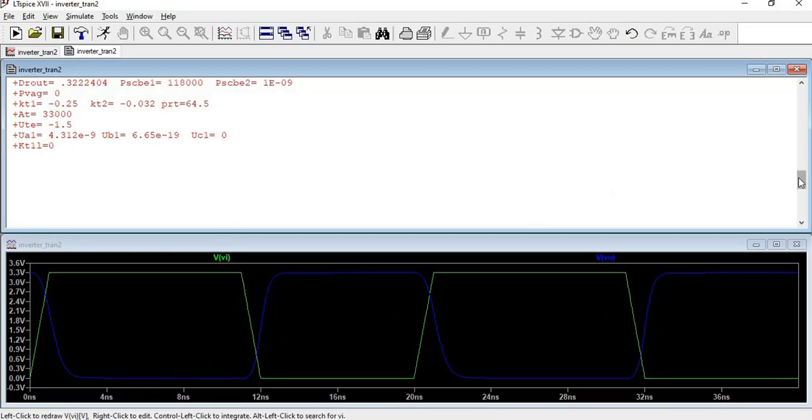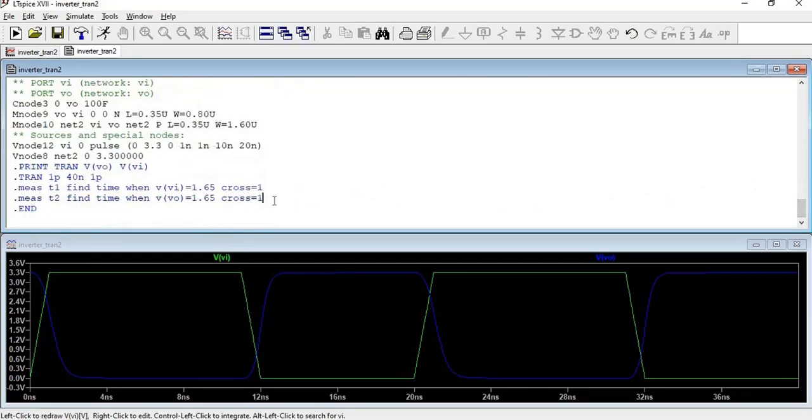Right, going back to the netlist. So to solve for this, T1 and T2. So we're going to solve for high to low.